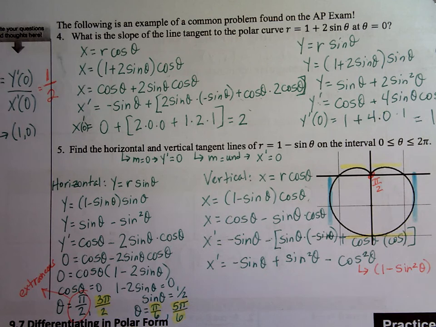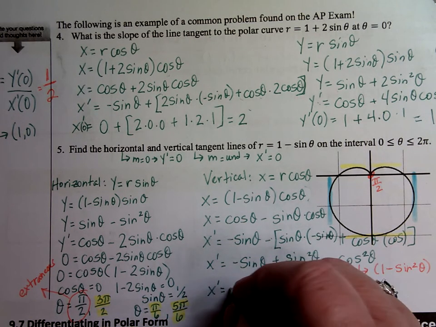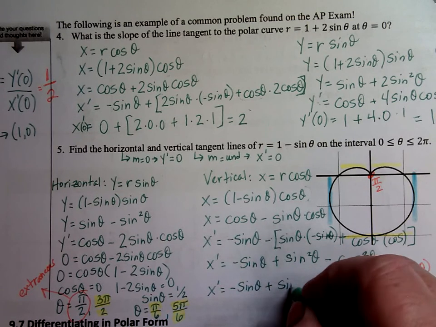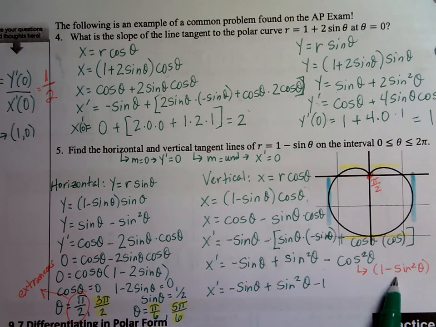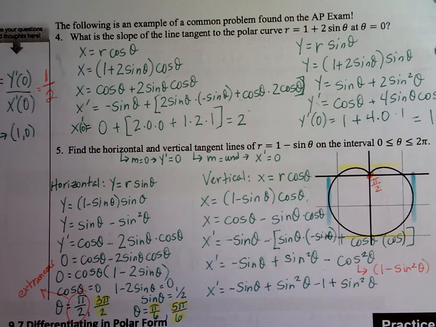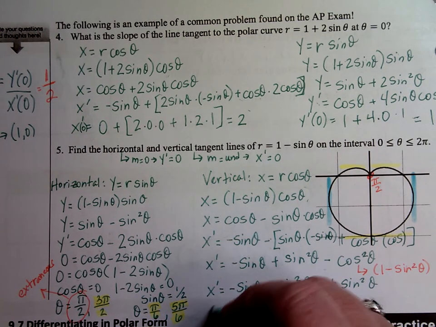All right, here goes. X prime equals negative sine of theta plus sine squared of theta minus 1 minus negative sine squared, so plus sine squared theta. So I just distributed through the negative. Now I'm going to combine like terms and put it in a factorable position.